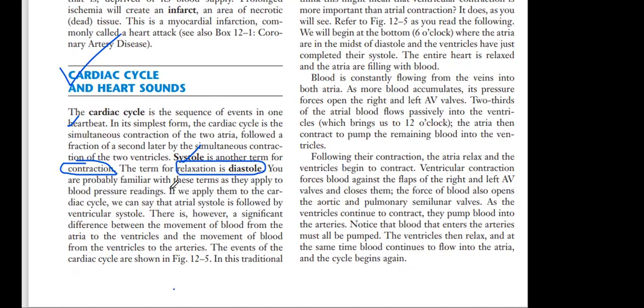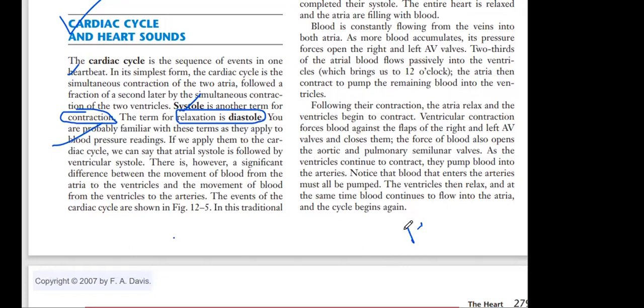You are probably familiar with these terms as applied to blood pressure readings. 120 by 80 is the normal blood pressure for every person. 120 is systole and 80 is diastole. 120 is systole, meaning contraction; 80 is diastole, relaxation.